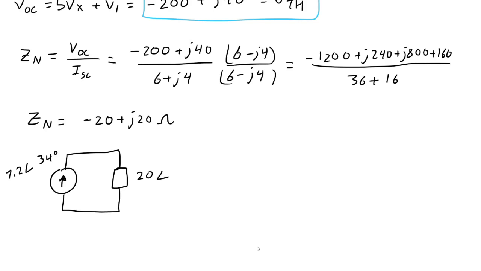Okay, and then the phase angle is going to be, let's see, that's minus plus, so that's going to be 135 degrees. Yeah. And we still have our terminals A and B.